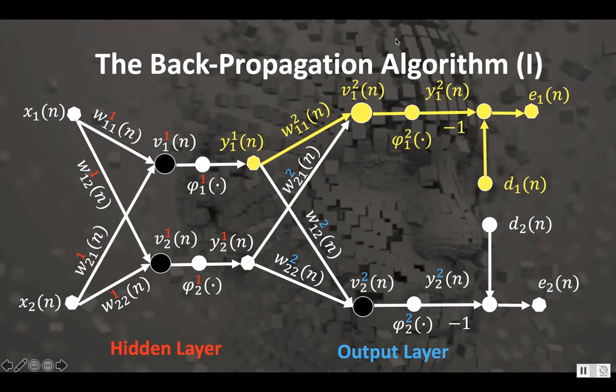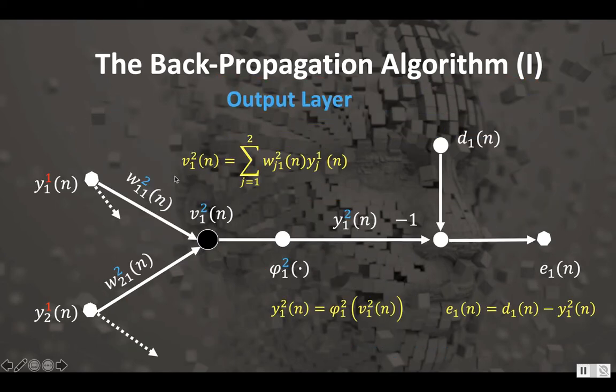All of this is going to be used in the update of W211. The input Y12 is not going to be used because it is not directly related to W211. So for each step we can get V21, Y21, and E1. These are all the components we are going to use to update W211.